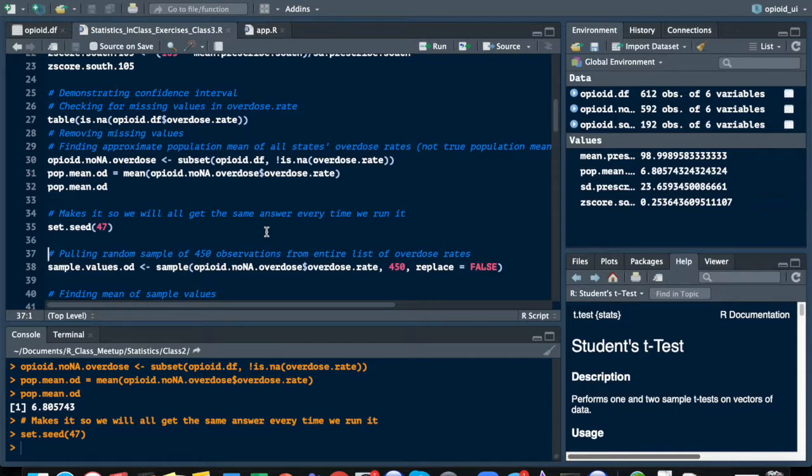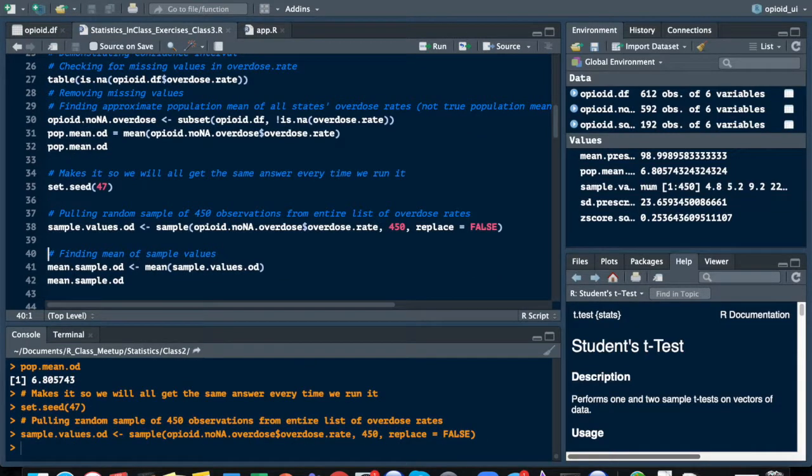So what I'm going to do here is pick 450 random counties from my data set. So this is a totally random sample that I'm pulling out. This is when we would use the confidence interval, if we have a lot fewer values than are in our entire population. So we're pulling those random values out.